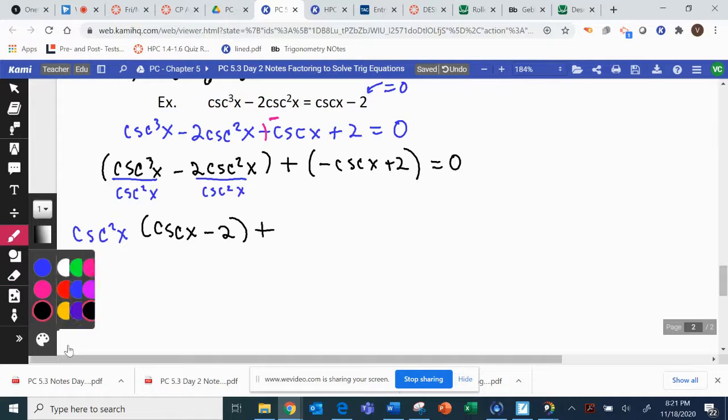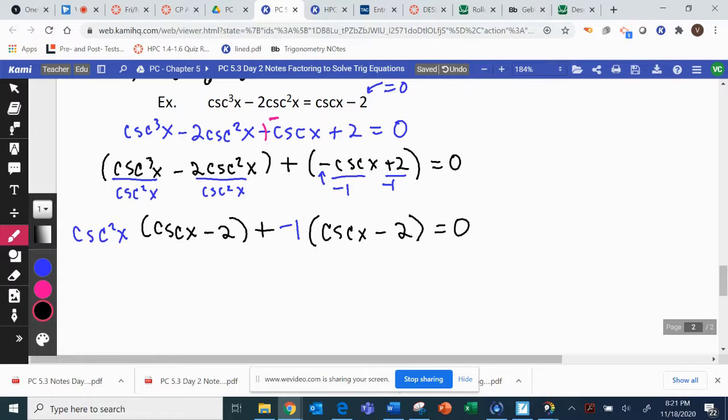Plus. Now in my next one, I'm looking for a greatest common factor. And there really isn't a greatest common factor, but I notice that this number is negative. And usually if there's a negative, I tend to factor out a -1. So I'm going to factor out that -1. And when I factor that out, I get cosecant x minus 2.